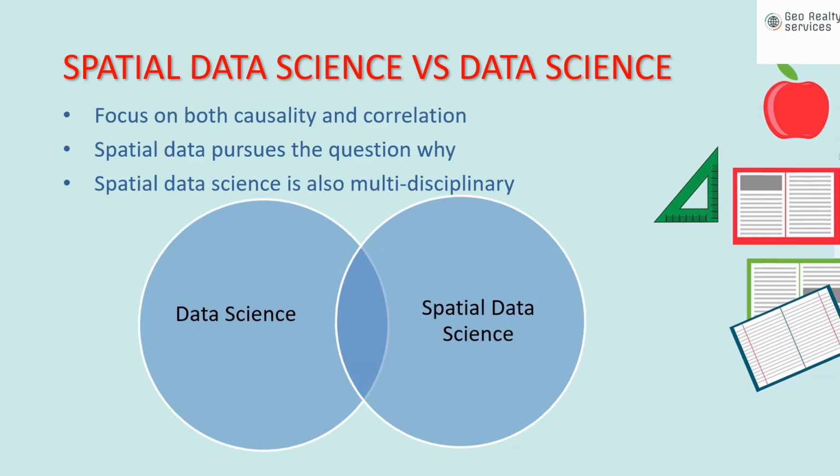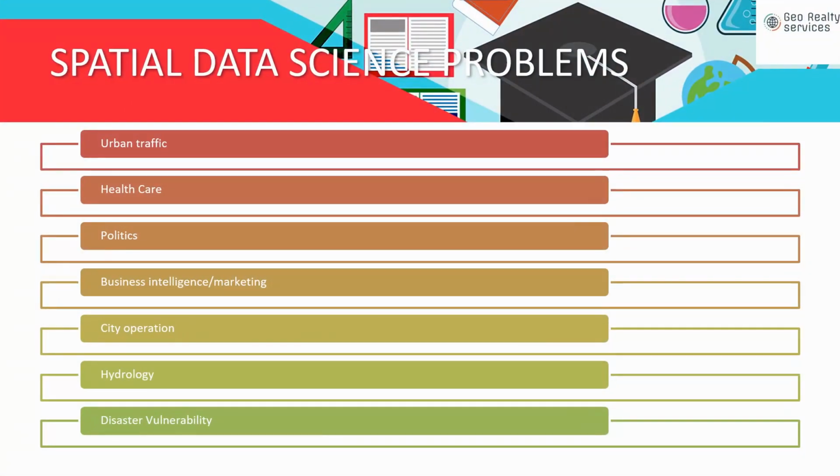We could find quite a few fields related to spatial data science, seeking knowledge of spatial phenomena such as urban traffic problems, healthcare issues, for example, regional prevalence of specific diseases, politics, business intelligence, city operation, hydrology, disaster vulnerability, emergency service, and many others.